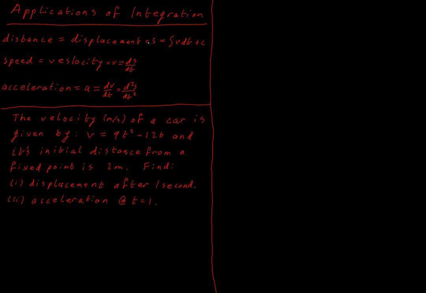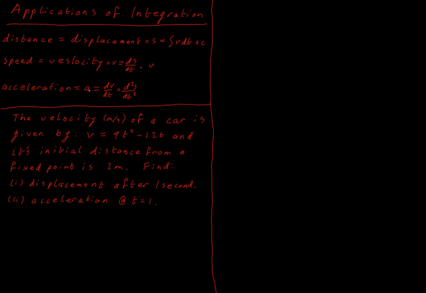So if we want our displacement and we know our velocity with respect to time, we could get the integral with respect to time and then add on a constant, which we would need more information to find, and that would allow us to get back to our original displacement.